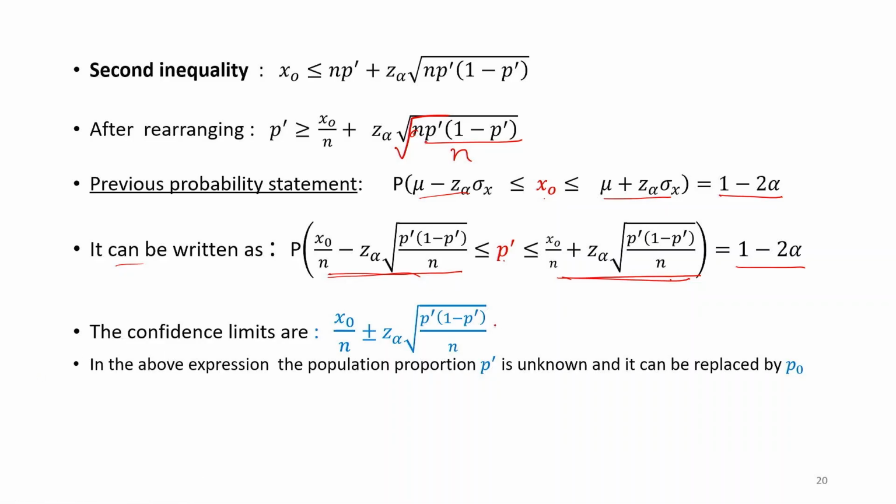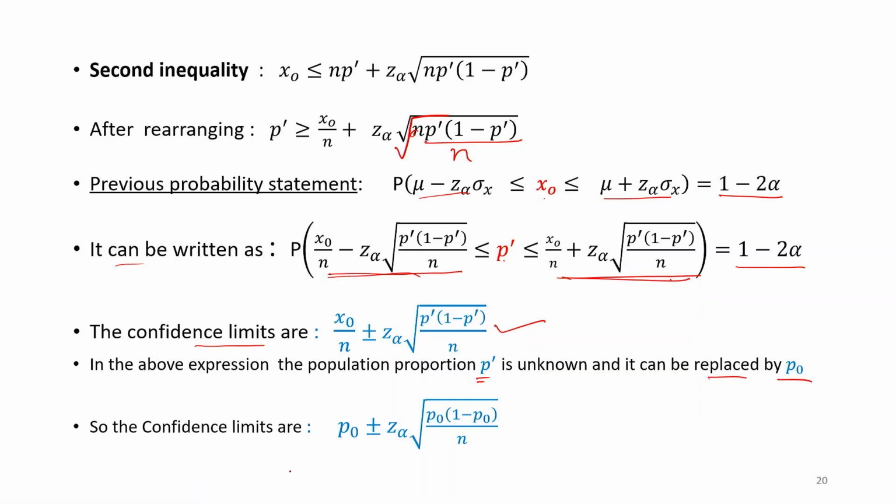In this expression, the population proportion P dash is unknown. In the confidence limits, X0 by n plus or minus z alpha root over P dash 1 minus P dash by n, we don't know the value of P dash because that is the population proportion of defective items. But this can be replaced by P0 in most cases, and that will not give you much error.